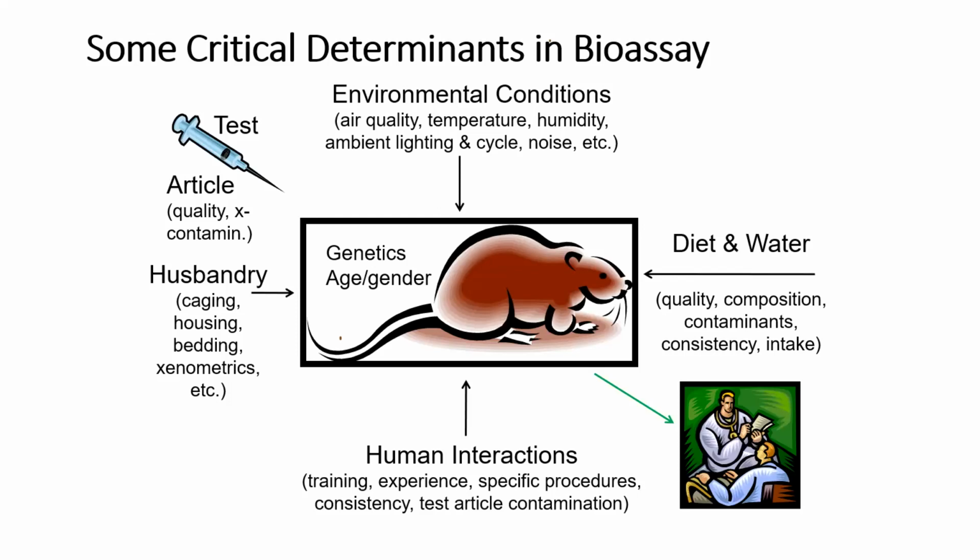Human interactions, the degree of training and experience with specific procedures, environmental conditions, air quality, temperature, lighting, and often underappreciated, the quality and composition of the diet, contaminants in the diet, daily intake. All of these form this, if you will, black box in which one is doing the experiment, and inside the black box is the experimental animal.